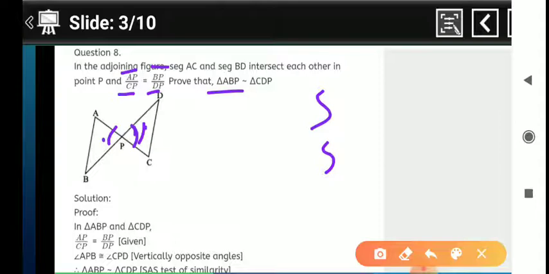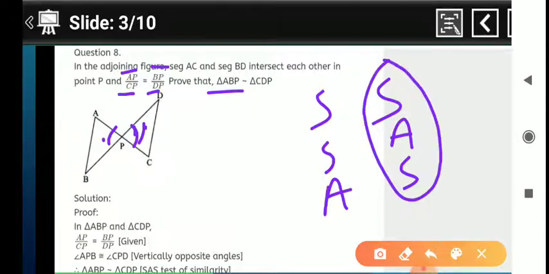So thus we have two sides and one angle, and therefore the similarity test becomes the SAS test of similarity. Therefore triangle ABP is similar to triangle CDP by SAS test of similarity. So very simple question. Two sides are in proportion, given in the question, and only one angle, the vertically opposite pair, is congruent, and therefore the test becomes SAS.